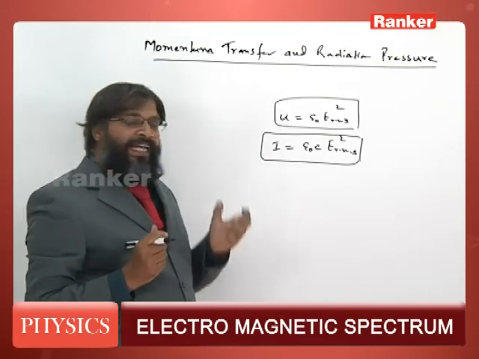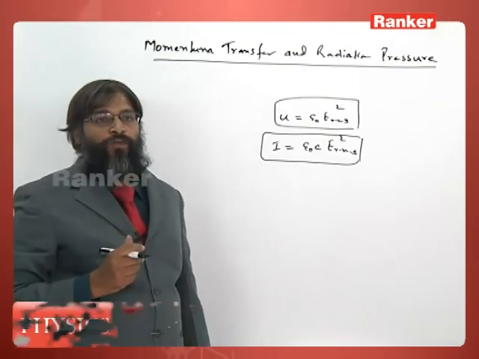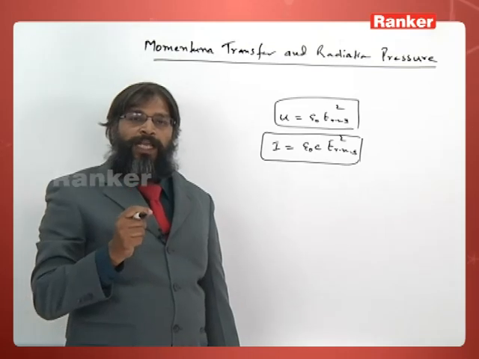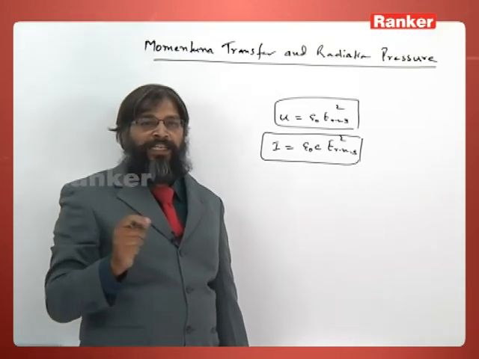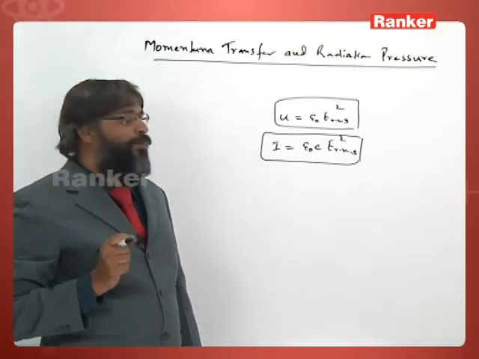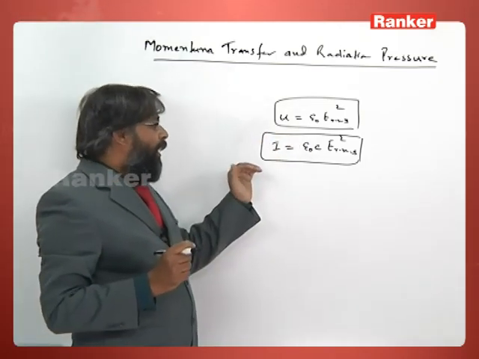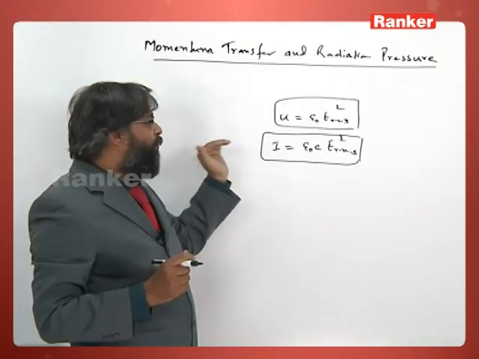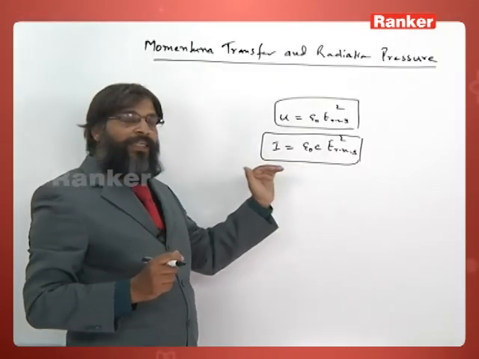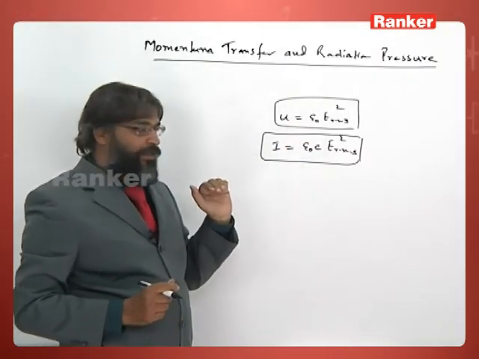Now, energy is the surrogate of all the momentums. So, if a system carries energy, the system must possess momentum. So, if electromagnetic waves transfer energy from one region to another, then they also carry momentum with them.